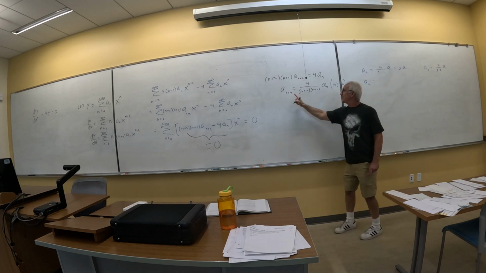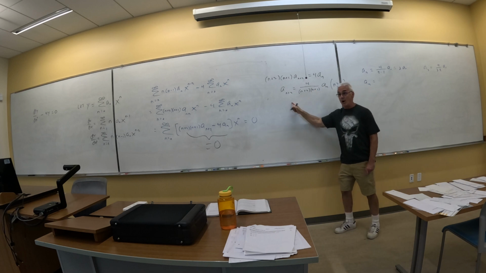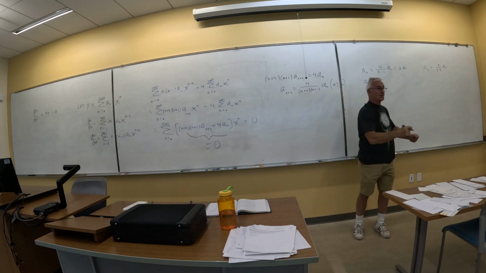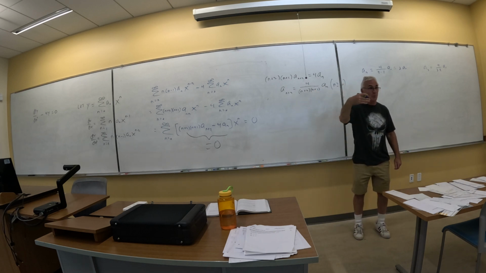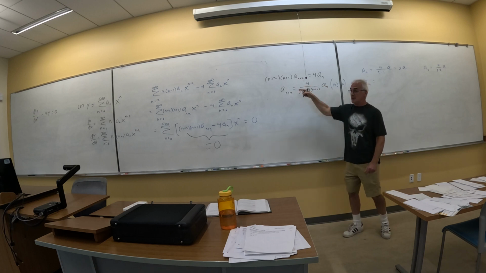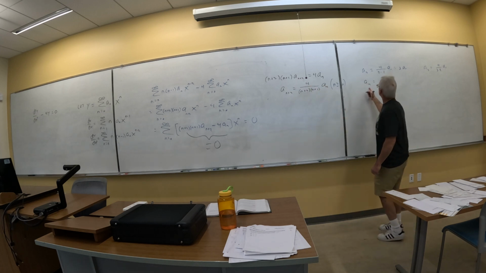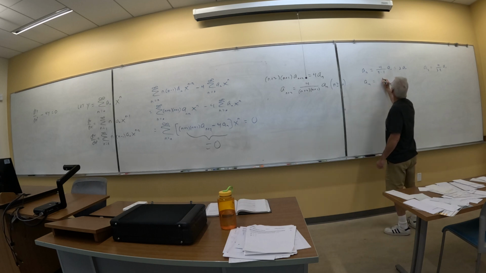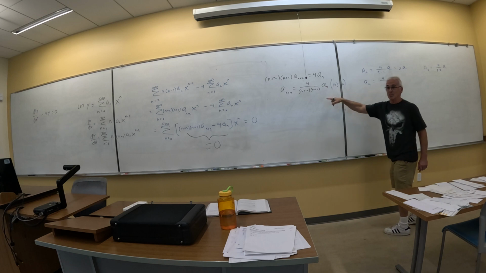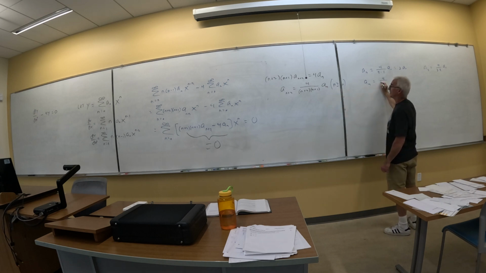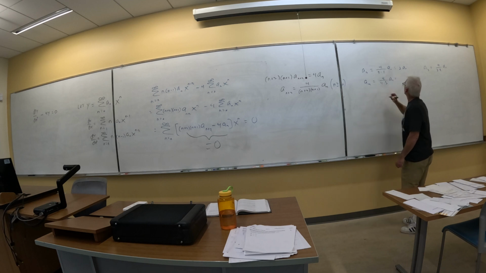By the way, if these only differed by 1, then you would just write all of them at one time, because each one would refer to the previous one. But these skip 2 at a time. That's why I'm keeping them separate. So what's a4? That would be 4 over, that means n is 2, 4 over 4 times 3 times a2.